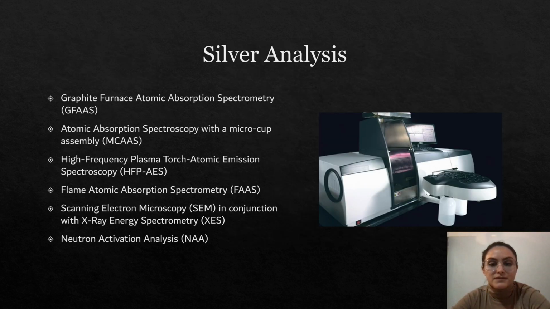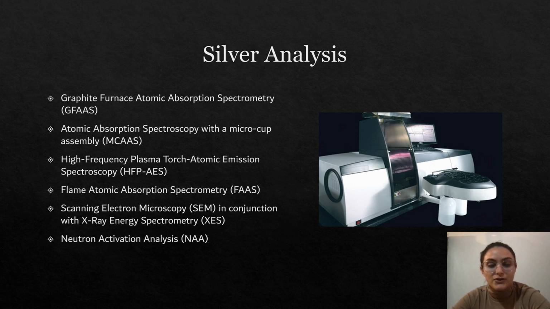The amount of silver in different samples can be determined using various methods, including graphite furnace atomic absorption spectrometry, atomic absorption spectroscopy with a microcup assembly, high-frequency plasma torch atomic emission spectroscopy, flame atomic absorption spectrometry, scanning electron microscopy in conjunction with X-ray energy spectrometry, and neutron activation analysis.